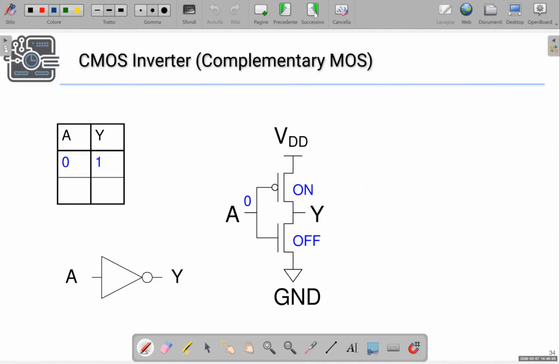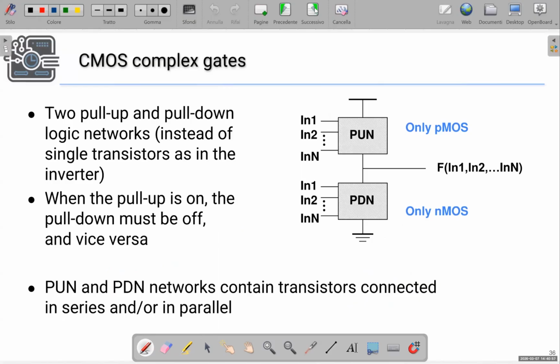Okay, now if this is clear, let's extend this concept and see how it is possible to implement more complex functions. In particular, we will see the NAND and the NOR Boolean functions with two or more inputs, taking advantage of CMOS switches.